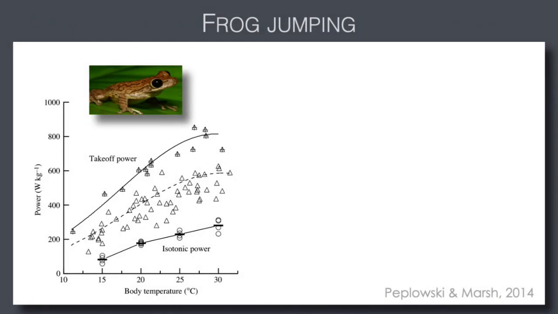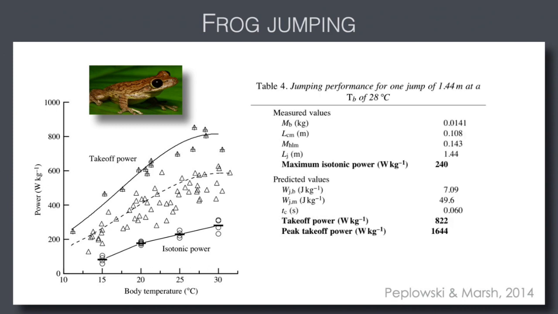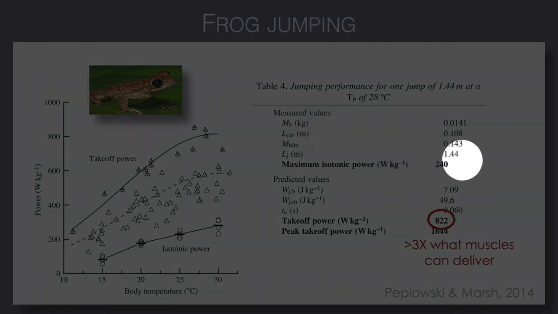All right, I've got some stats here. The tables are less fun to look at, but what you can see is that the isotonic power is 240 watts per kilogram. That's because power does scale with mass, and the different frogs come in different masses, so we're interested in that power density, how many watts per kilogram of muscle can be generated.